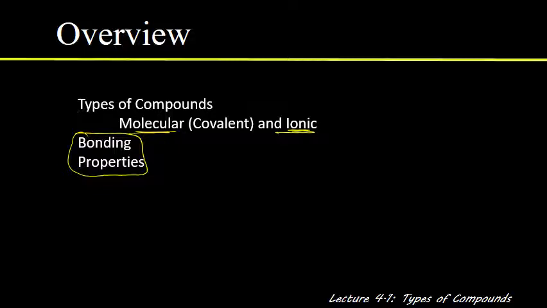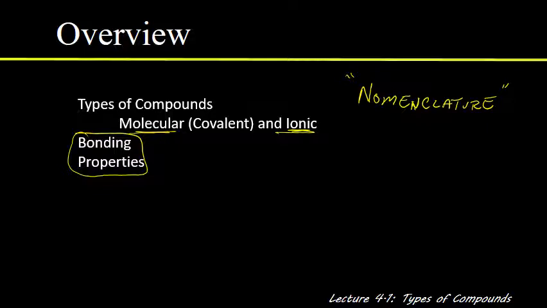So I'm going to back up a little bit and say this study guide number 4 is about nomenclature. And nomenclature means a naming system. So it's about learning how to name different kinds of compounds.